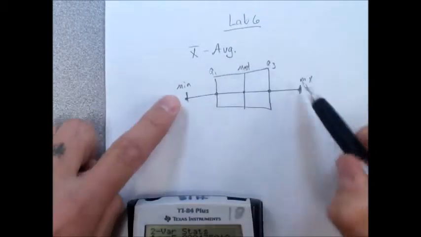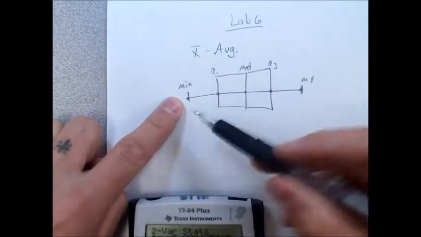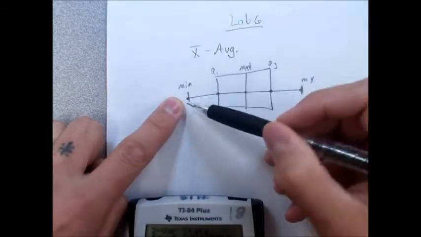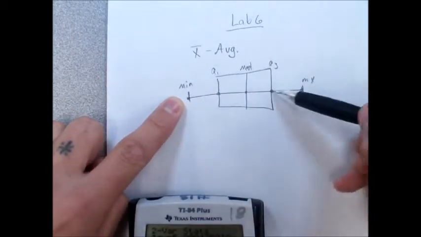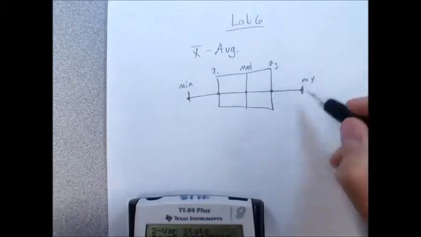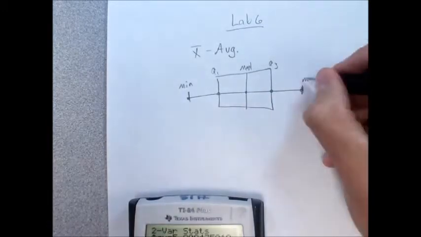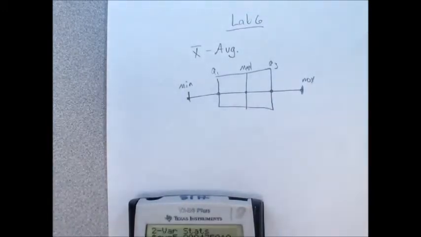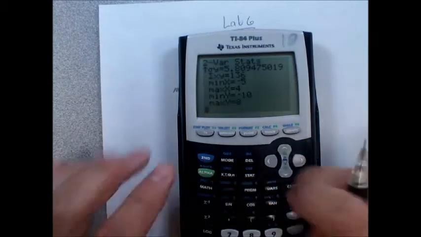So those are those 5 things that they gave you when you did your individual variable statistics. So your minimum, your quartile 1, your median, your Q3, which is quartile 3, and your max.